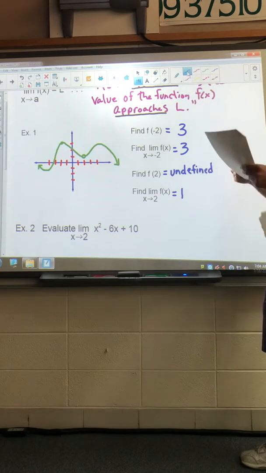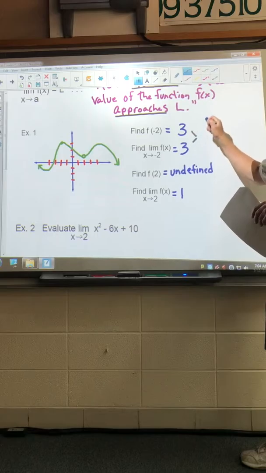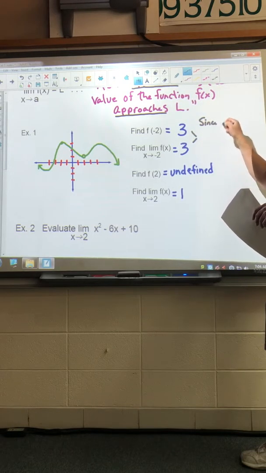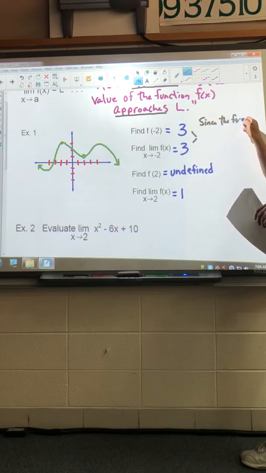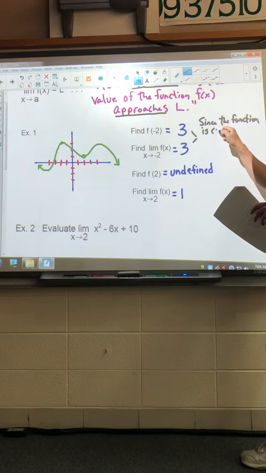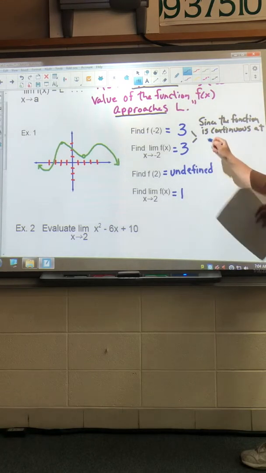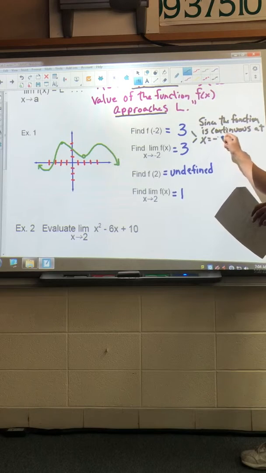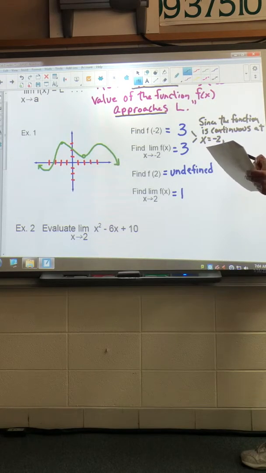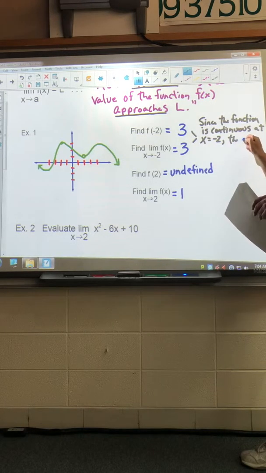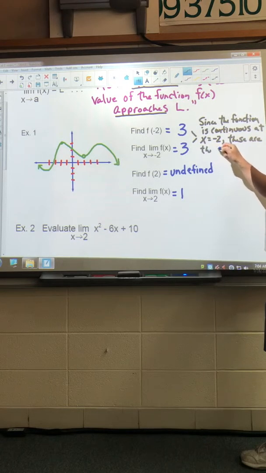We'll write that down. Since the function is continuous at x equals -2, these are the same.